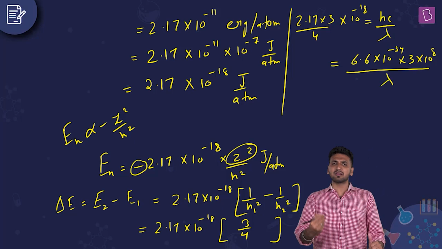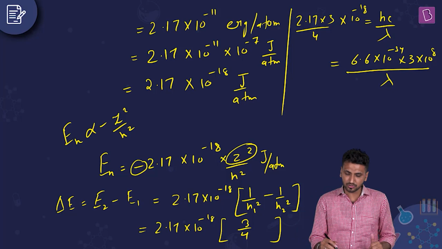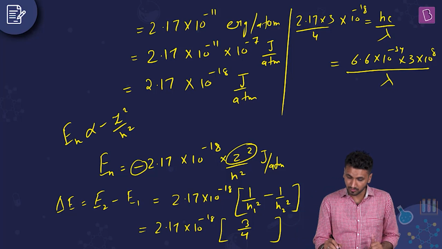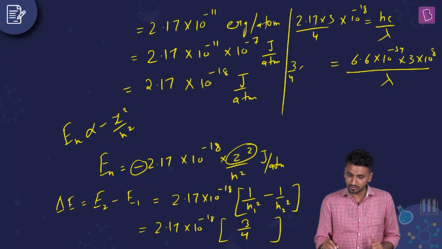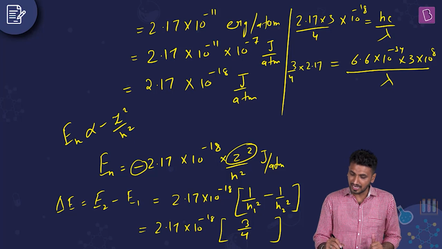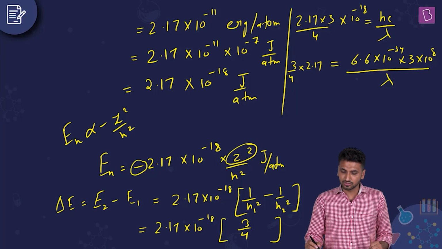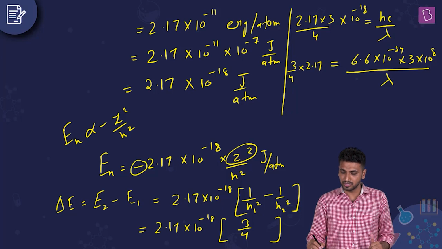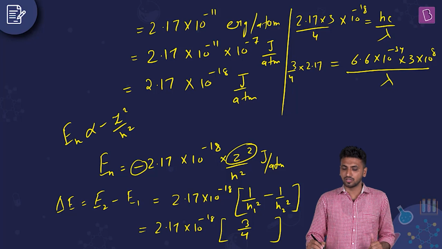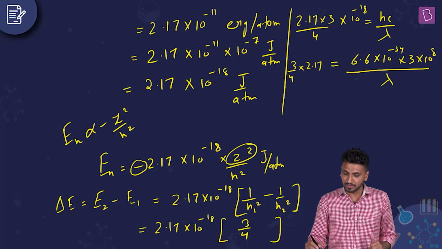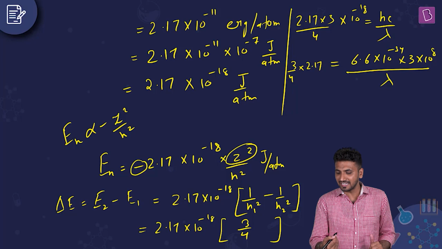First, we'll calculate lambda in meter and then convert that into angstrom. So this is 3 by 4 into 2.17, and I am taking the 10 to the power minus 18 to the other side. It will come in the denominator, so it goes to the numerator side as plus 18. 18 and 8 will be what?